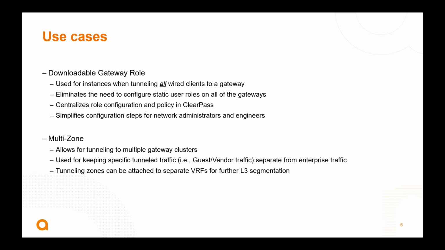So we can tunnel to a separate gateway or gateway cluster and then firewall that off from the rest of the network. Maybe just allow only internet access or some kind of limited services for that specific traffic. As well, you can attach separate zones to separate VRFs for further L3 segmentation to maintain segmentation throughout the network.